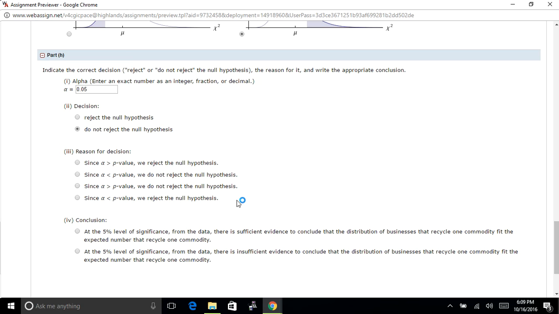So the way to think of that is you're going to flip the signs to figure out which one to use. Okay, we didn't reject our null because we knew that from the people eating fish from the river Nile. So we know it's not the first one and we know it's not the last one. Okay, so we know that the alpha value is a lot smaller than the p-value. So we did not reject the null hypothesis.